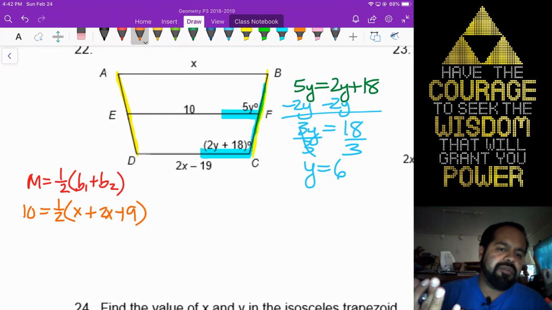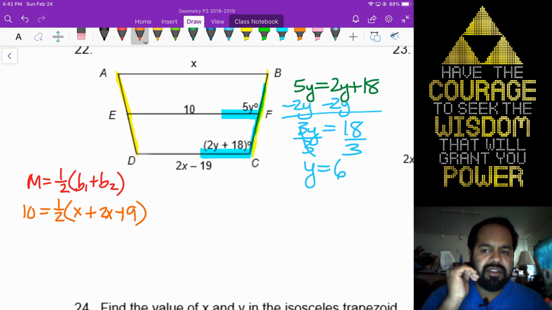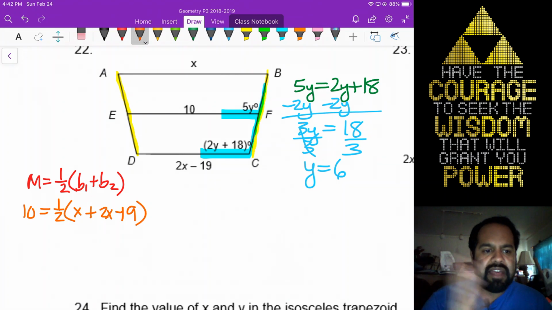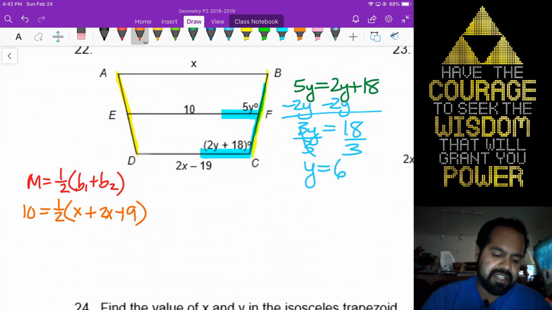Now, if you switch the order of that, it's not going to change the value. If you said your base 1 was the bottom, that's totally fine. If you said the base 1 was the top, again, it'll all work out because it is the commutative property of addition. So we're going to have 3x minus 19 in the parentheses.